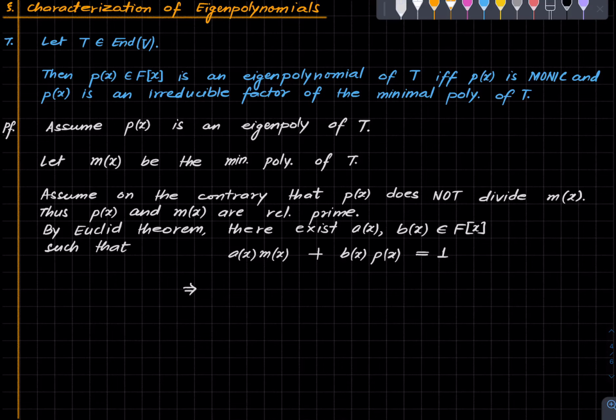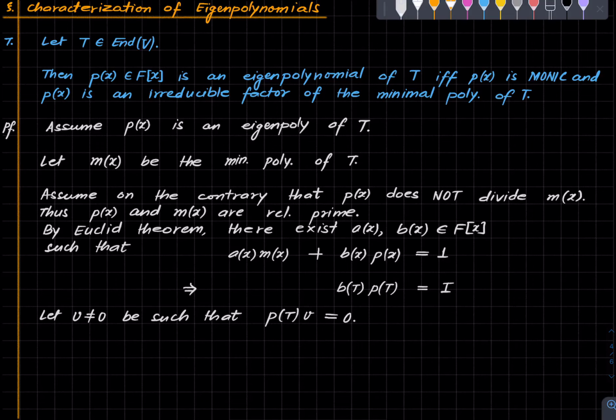And therefore, a(T)p(T) + b(T)m(T) is the identity operator. But since m is the minimal polynomial, m(T) is 0. So we can just erase this. Okay. And now since p(x) was an eigenpolynomial of T, there is a non-zero vector v which p(T) kills.